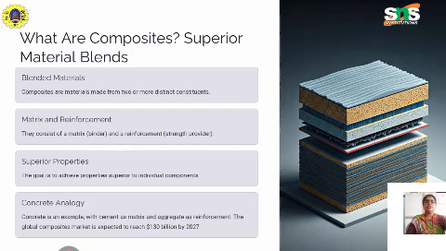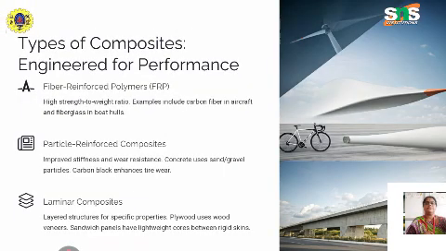A concrete analogy: concrete is an example, with cement as the matrix and the aggregate as the reinforcement. The global composites market is expected to reach $130 billion by 2027. So cement is a good example of a composite material.